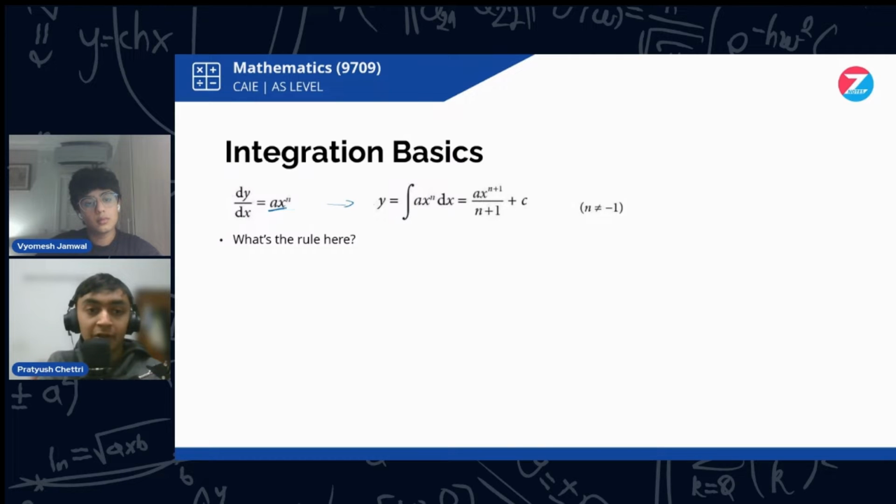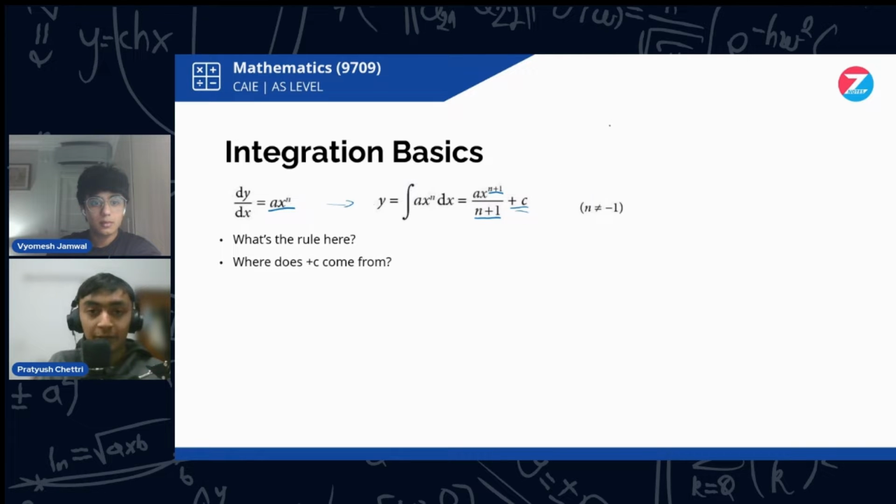So if I want to integrate a times x to the power n, what do I do? Well, I increase the power of n by 1, then divide by that new power, n plus 1, and then the plus c there. So write the rule for yourself in words. Increase power by 1 and divide by the new power.